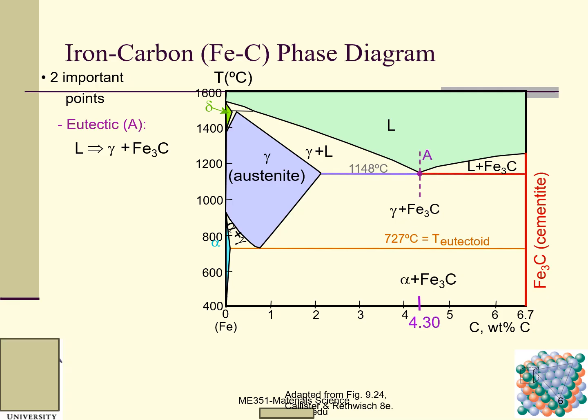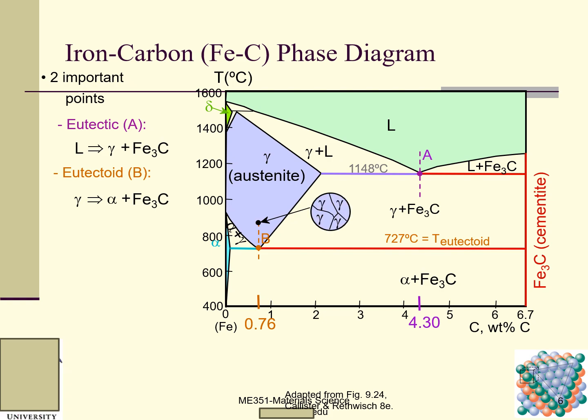This is eutectic point A, and this is eutectoid point B. These are two important points, and I will ask you to tell me what each point is called, how they are different, how they are important, and what the characteristics of these two points are.